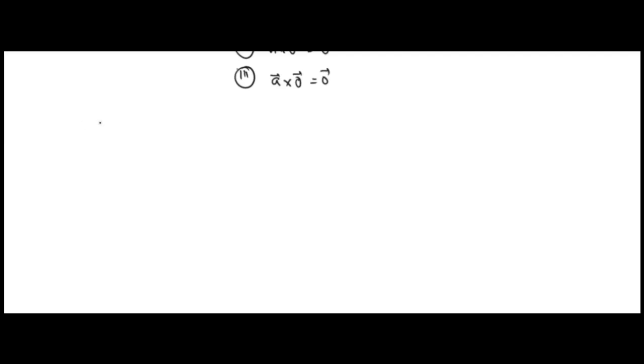Now, what is unit vector? A unit vector is a vector with magnitude 1.